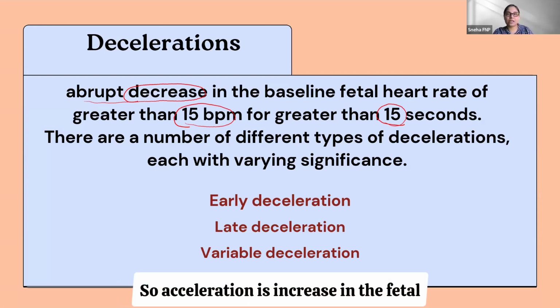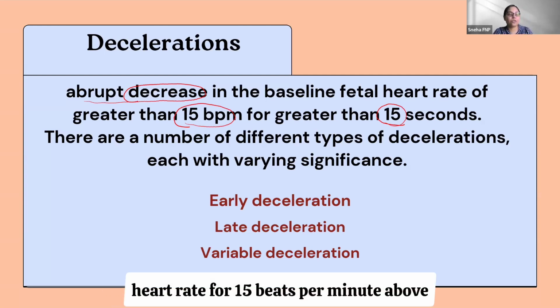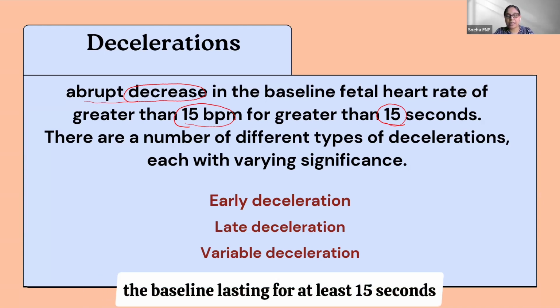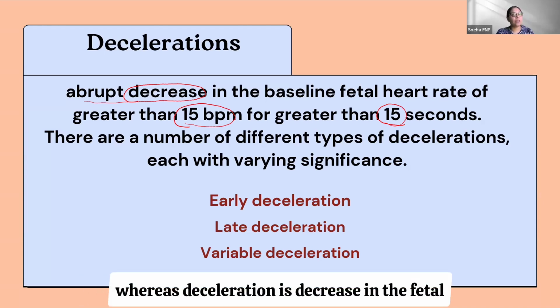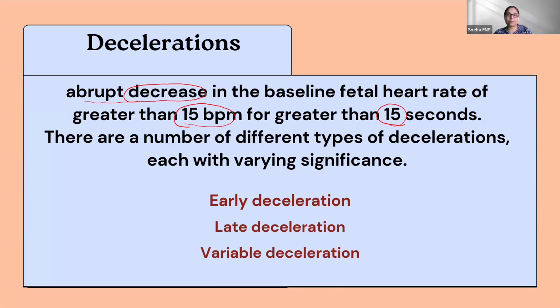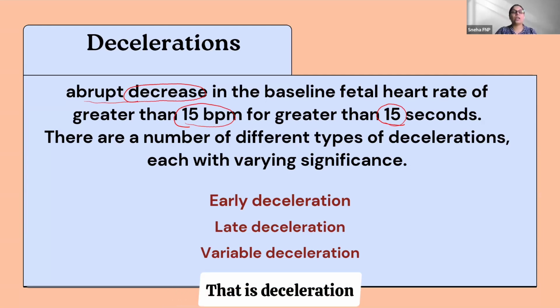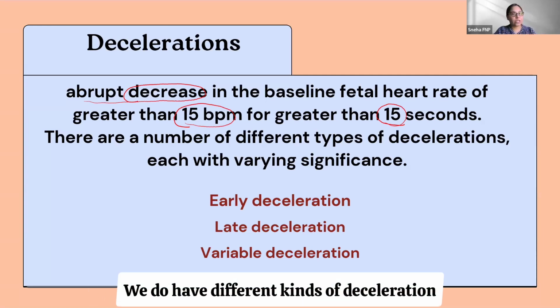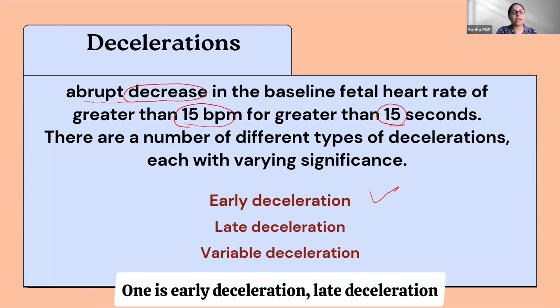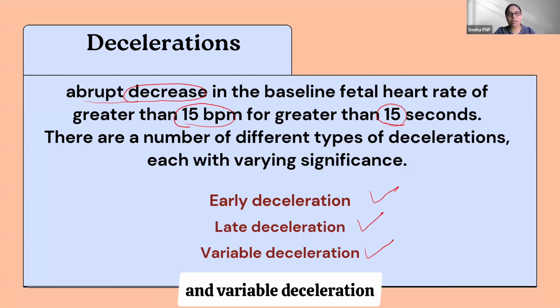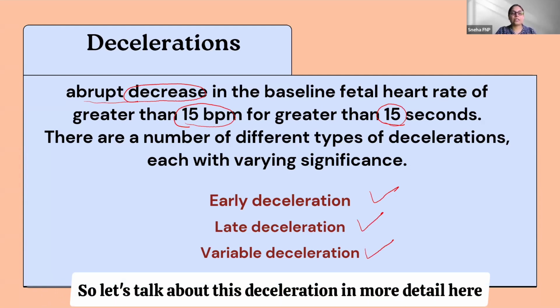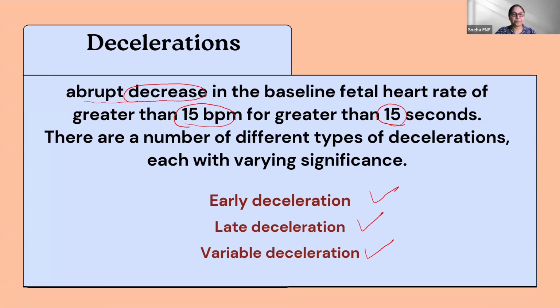So acceleration is an increase in the fetal heart rate of 15 beats per minute above the baseline, lasting at least 15 seconds, whereas deceleration is a decrease in the fetal heart rate of 15 beats per minute below the baseline, lasting at least 15 seconds. We do have different kinds of deceleration: early deceleration, late deceleration, and variable deceleration. So let's talk about these decelerations in more detail here.